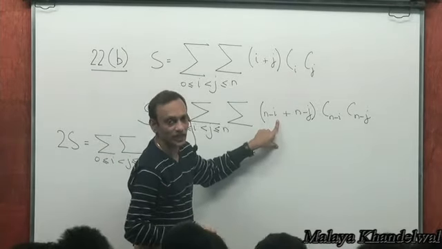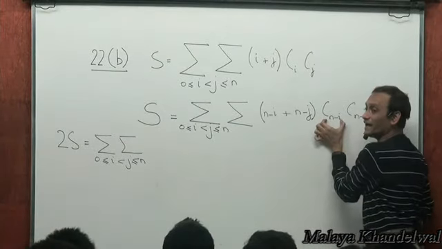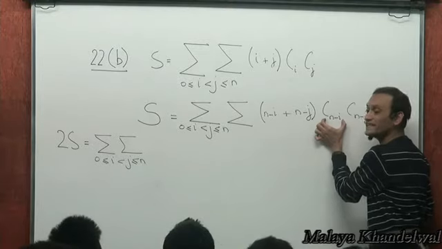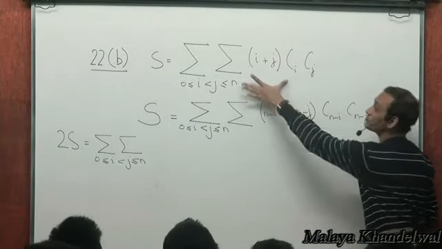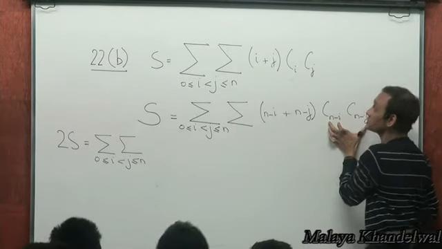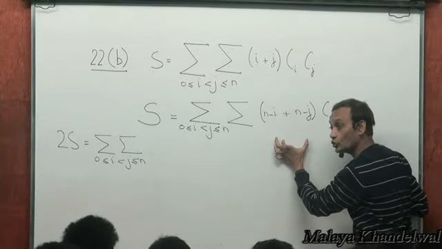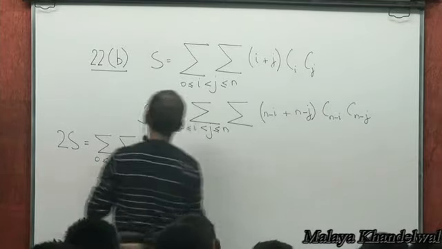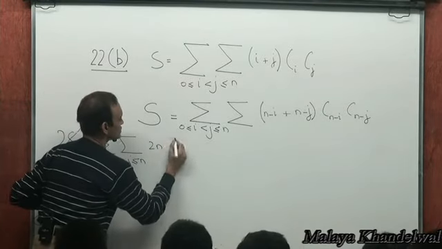The i will get cancelled with i, j with j. Because nC(n−i) is the same as nCi, and this will be nCj. So from these two terms I take nCi nCj common, and what I am left with is 2n. So this is 2n times the summation of nCi nCj.